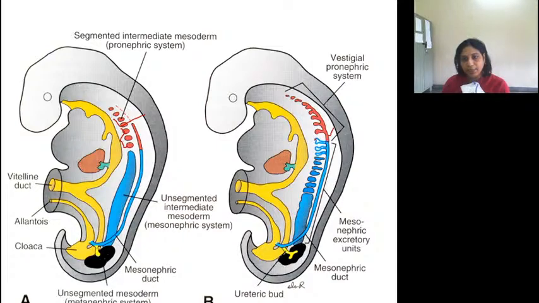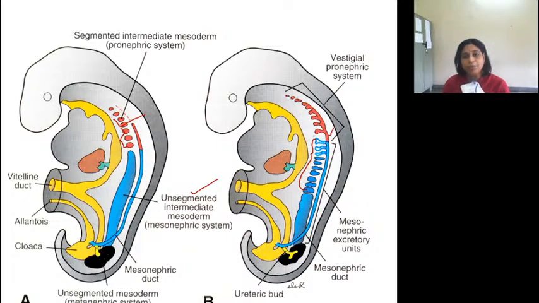Then the next one is the mesonephric ridge. This is the mesonephros, which forms in the mesonephric ridge. On either side of the midline, the intermediate mesoderm is thickened and forms the mesonephric ridge.